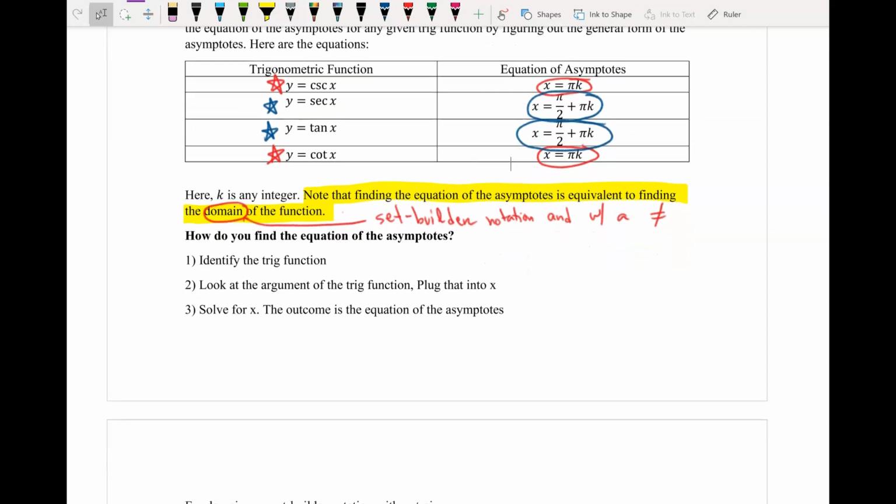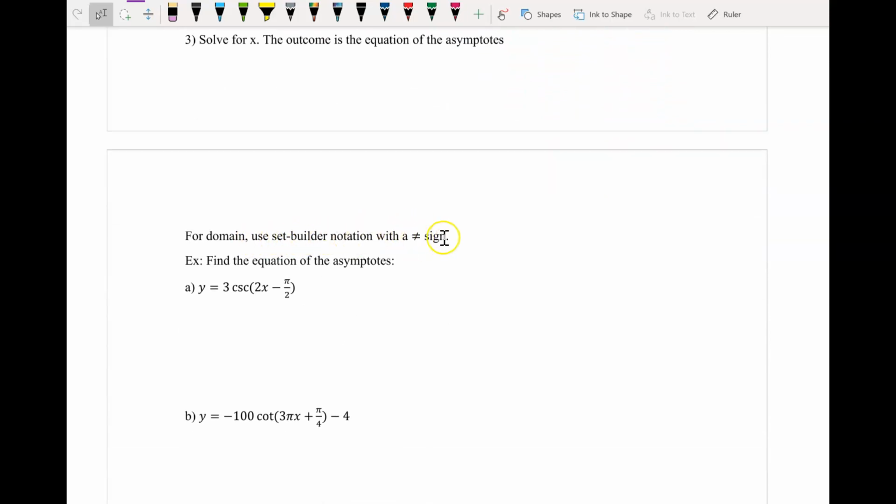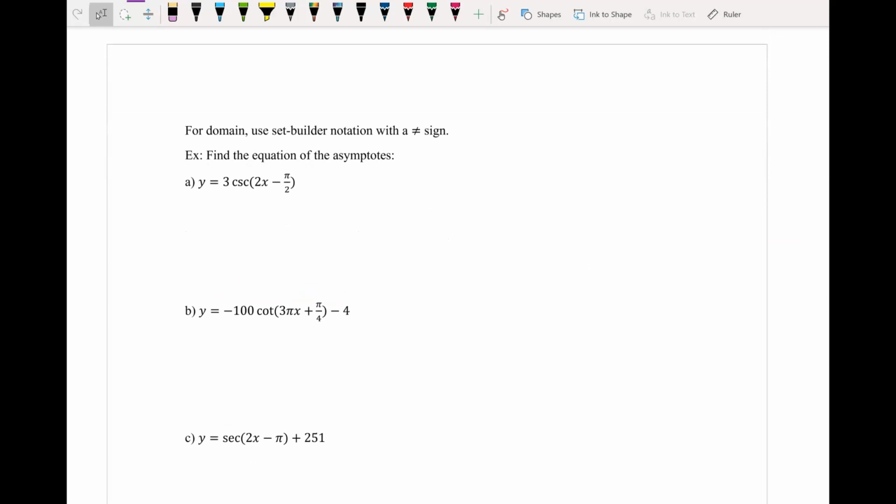Okay, so let's go ahead and do an example. So again, for domain, use set builder notation with a not equal to sign. So let's find the equation of the asymptotes for this particular graph. y equals 3 cosecant of 2x minus pi over 2. So we know that the equation of the asymptotes for cosecant is going to be x equals pi k.